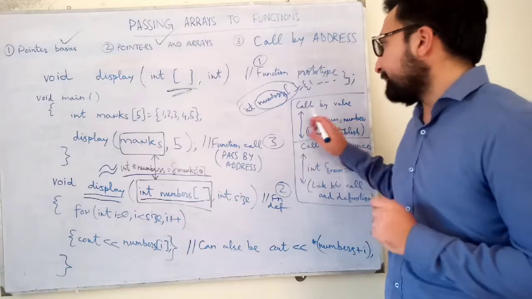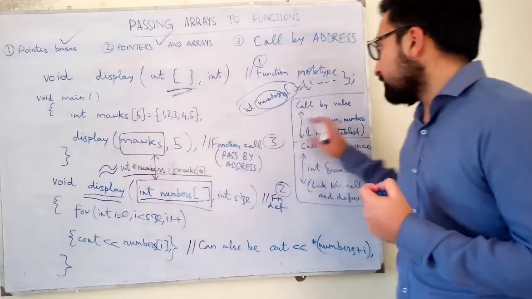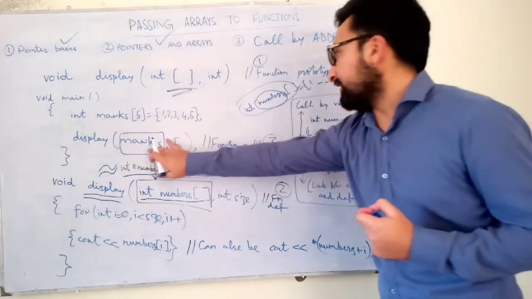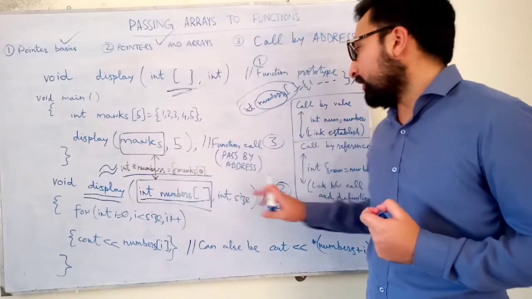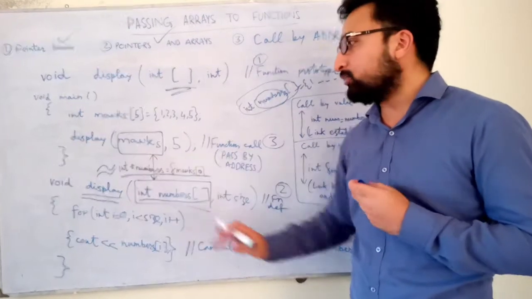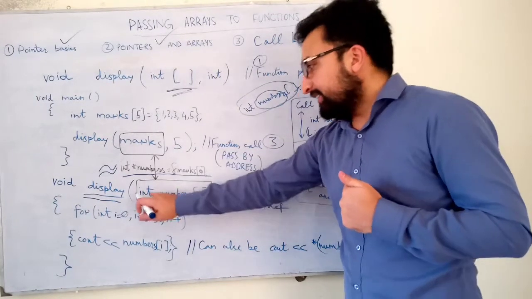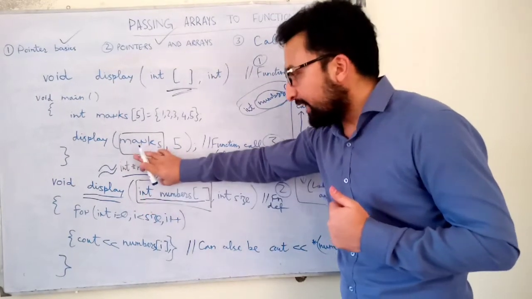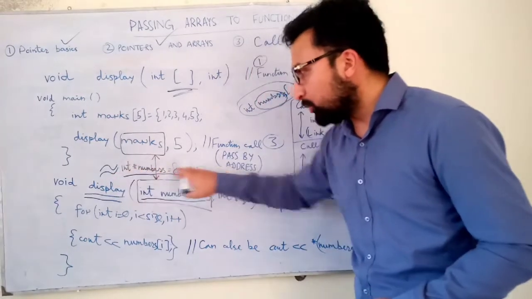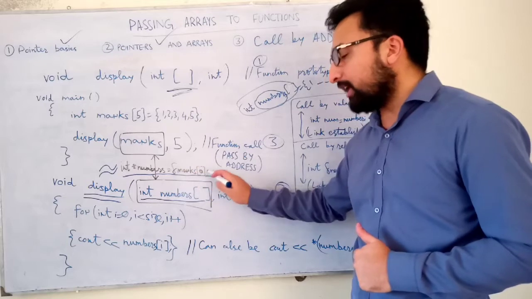Just like when we were using call by value or call by reference, these things were equal. Numbers was written here and num or ampersand num was written here. So both these things were equal. Here, when we have written these two things, this link establishment is basically equivalent to this thing: int star numbers is equal to ampersand marks of 0.